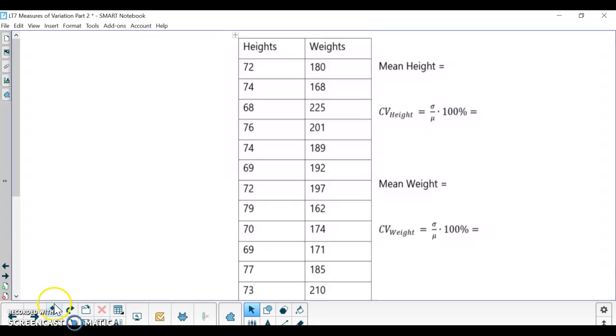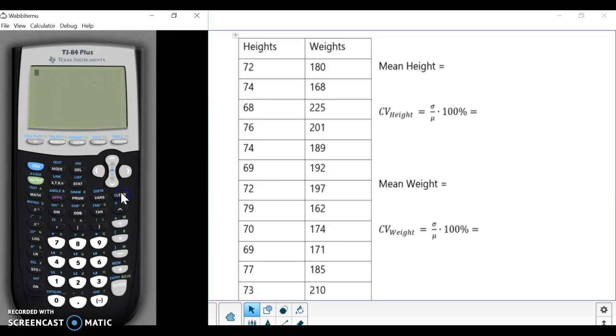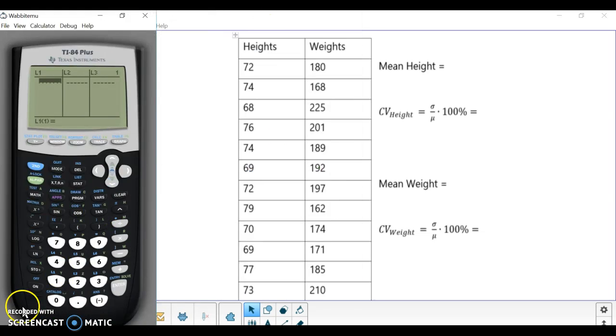So we're going to use our calculator to find our mean height and then our standard deviation. So in your yellow calculator, you need to go to Stat, Edit. There's numbers already in your list. Arrow up to where L1 is highlighted, hit clear, and then enter. And then you need to type each one of the heights into L1.